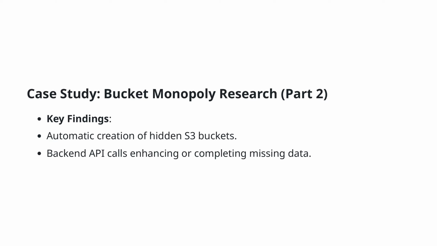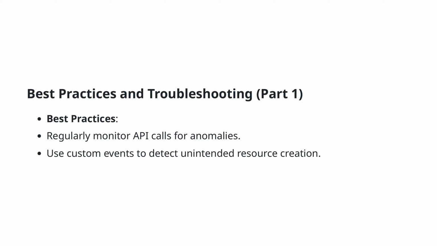In this section on best practices and troubleshooting, we'll focus on 2 primary guidelines to ensure the smooth functioning of your system. First, it's essential to regularly monitor API calls for anomalies. This practice helps in identifying any irregular or unauthorized activities swiftly, preventing potential issues before they escalate.